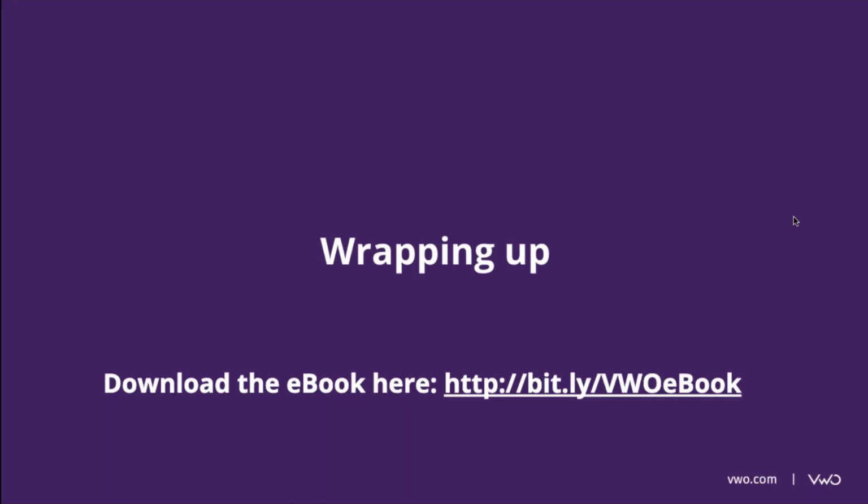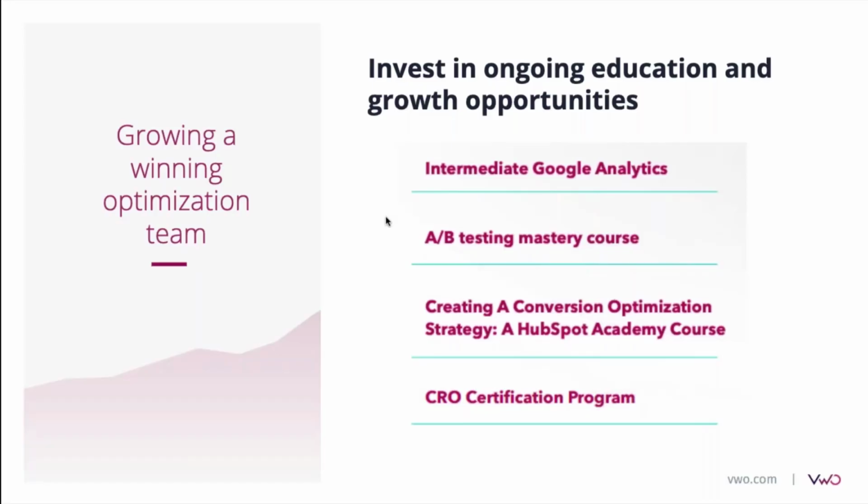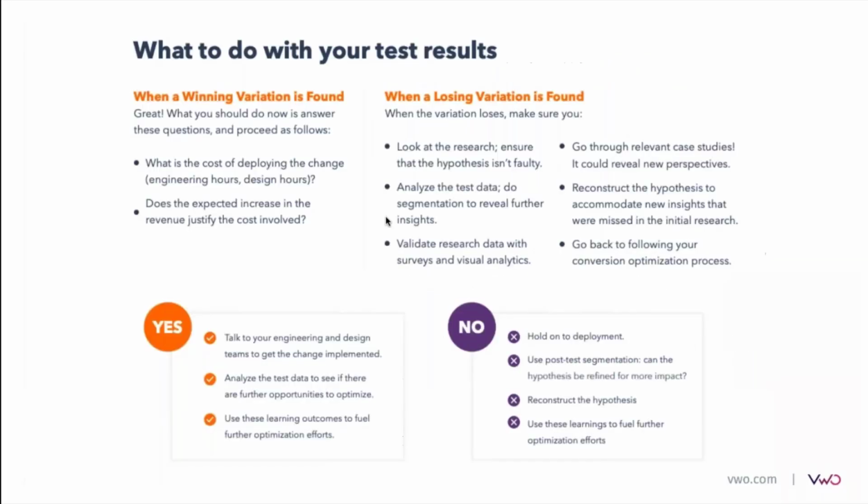I'll take a moment and go back to one of your slides wherein you mentioned what to do with your test results. So when you get a winning variation, what you need to do, and when you get a failed variation, what you need to do in that situation as well, because we feel that a lot of businesses ignore this part of analyzing their test results and just move forward, and going ahead they just lose interest in the entire concept of experimentation itself.